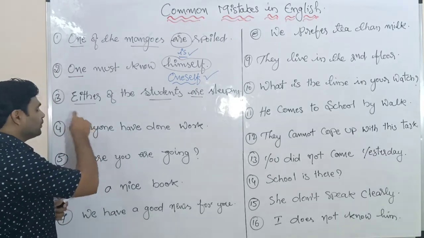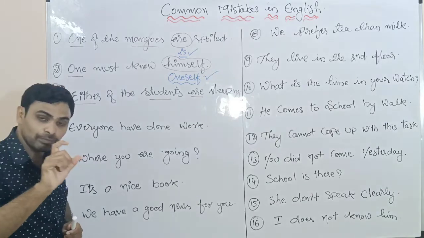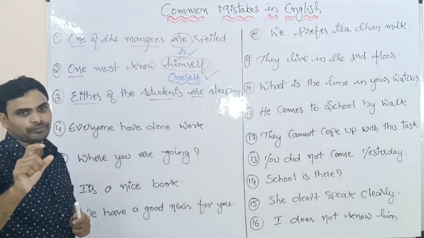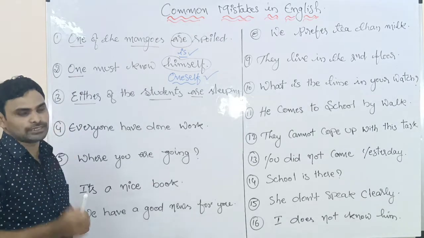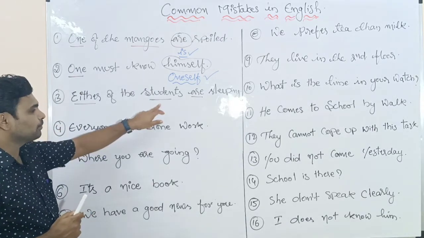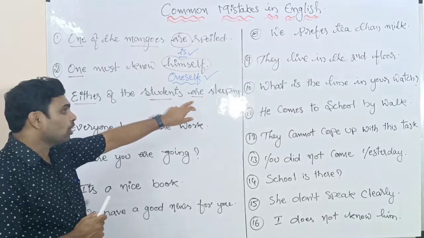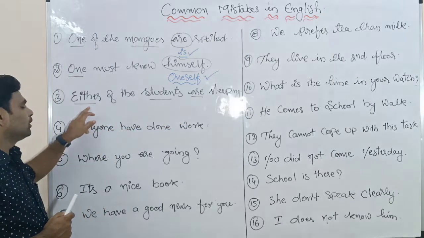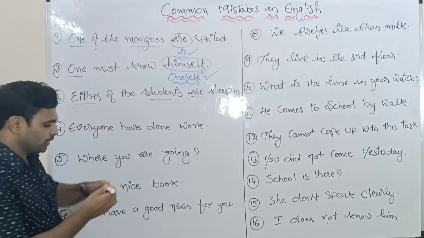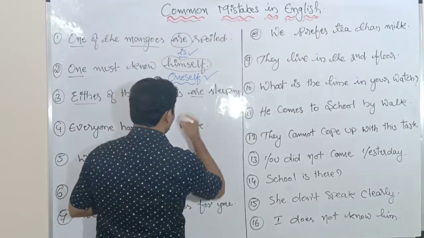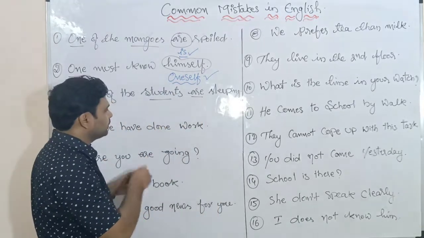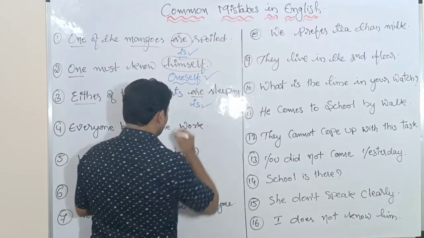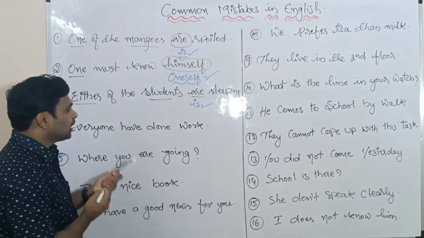So either refers always to the one person only. Either Ram or Sita is a good person. So students, because plural, the auxiliary verb should not be are. When there is the word either, it should be is. It should be the word is. So remember this point. This is the correct one, not are.